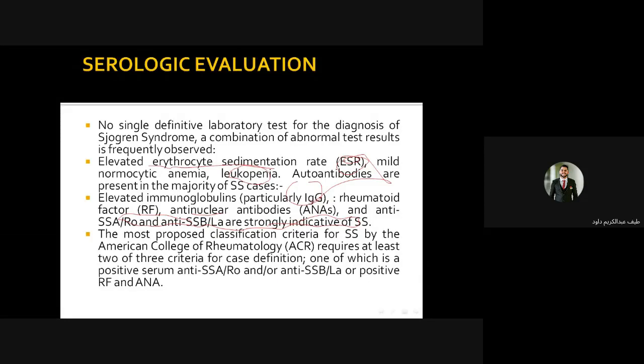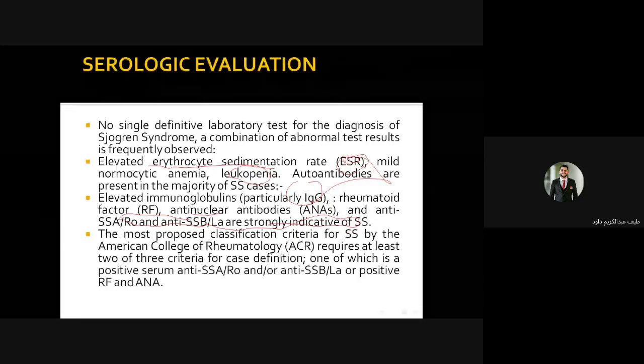So there are criteria used for Sjogren, as we will see in detail, but the serological test may play a great role regarding the anti-SSA/Ro and the anti-SSB/La. In addition, the anti-nuclear antibody and the rheumatoid factor should be positive in order to confirm whether the patient is complaining of an autoimmune disease.